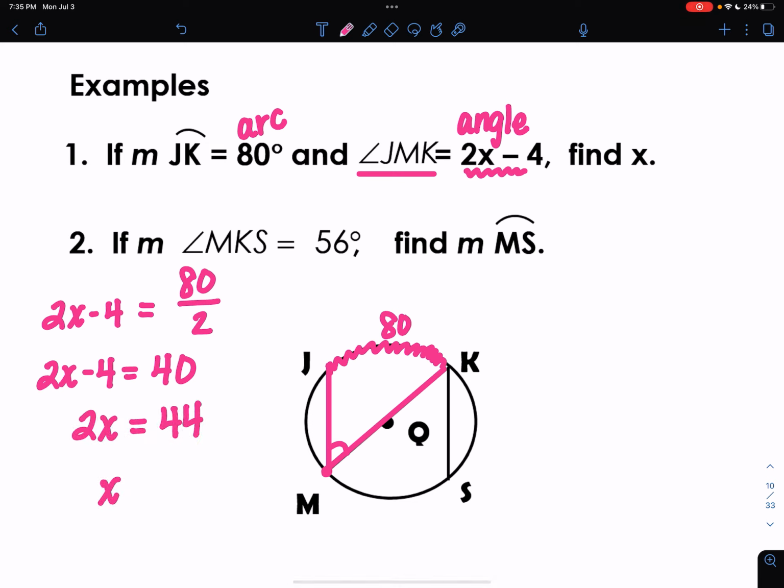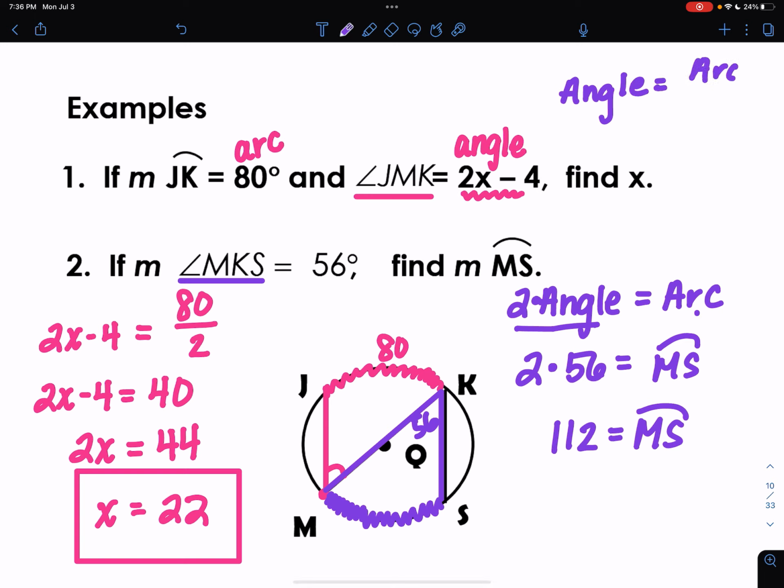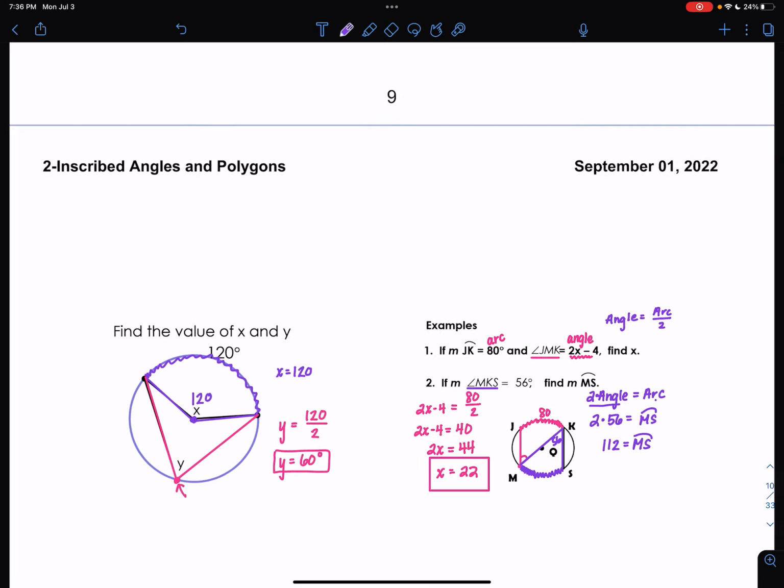So that means 2 times 56 will equal arc MS. That gives us 112. All right, so arc MS is 112. Remember, we can do 2 times the angle to get the arc, or we can do angle equals arc divided by 2. Just depending on what information we have, they are the same relationship.